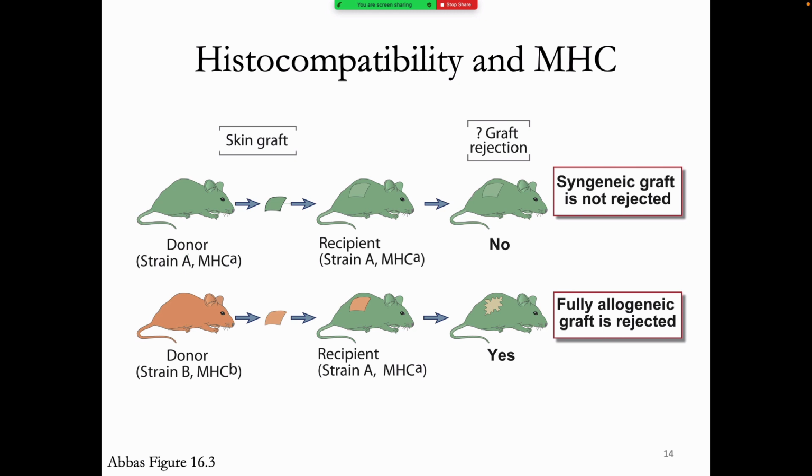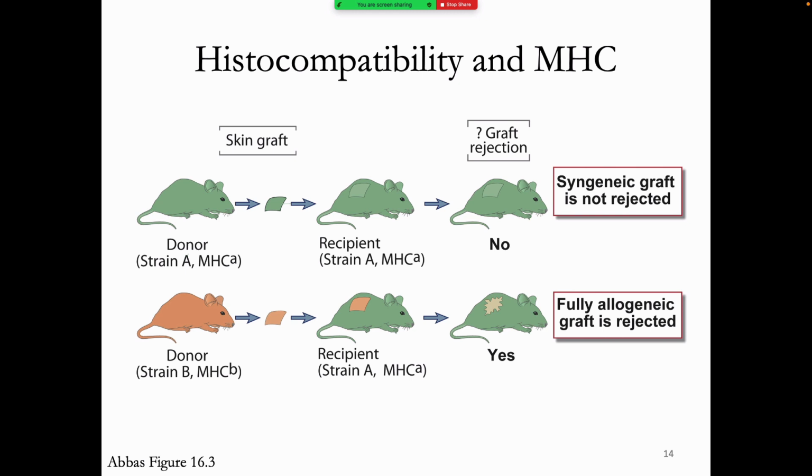A lot of this comes up with experiments like this, where we might have a donor mouse of strain A giving a transplant to a recipient also of strain A, and we're going to see that graft is not rejected, it's going to take. It's also called a syngeneic graft. Syngeneic and autogeneic, or auto, are both used for the same thing.